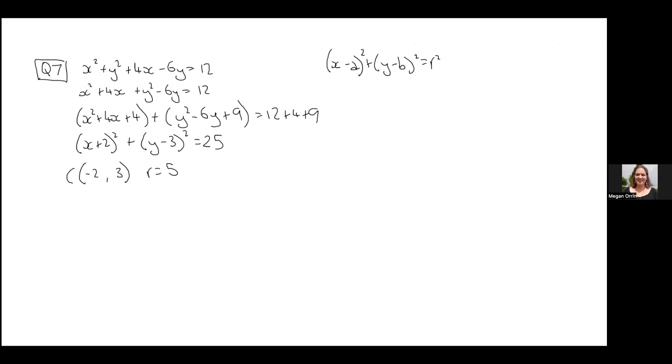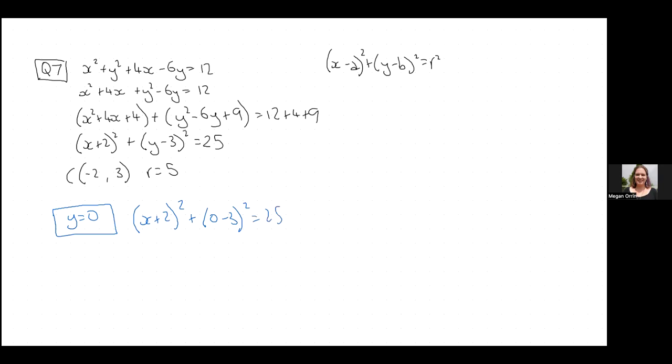All right, so I'm going to now say that y has to equal 0 to find out what my x-intercepts are, right? Isn't that the same sort of stuff we did last year? Finding x-intercepts, you make y equal 0. So (x + 2)² + (0 - 3)² = 25. So let's open this up.